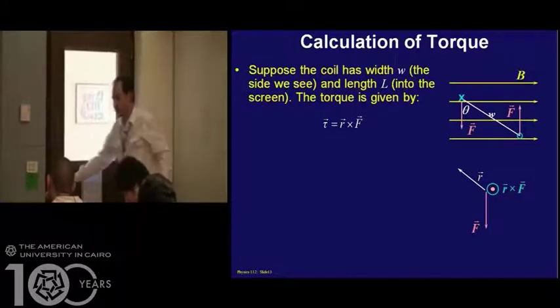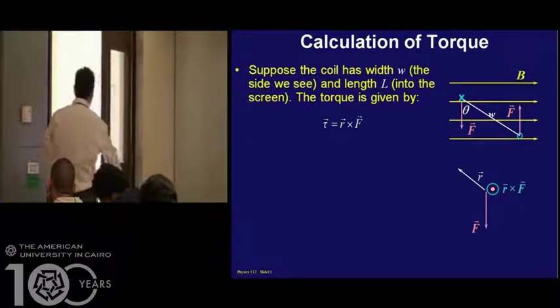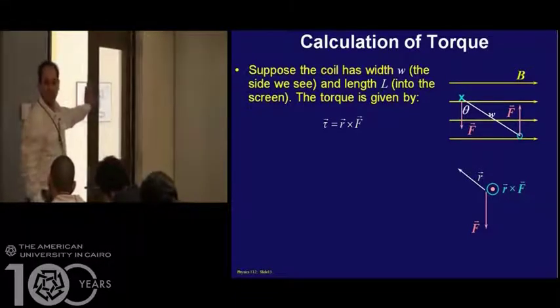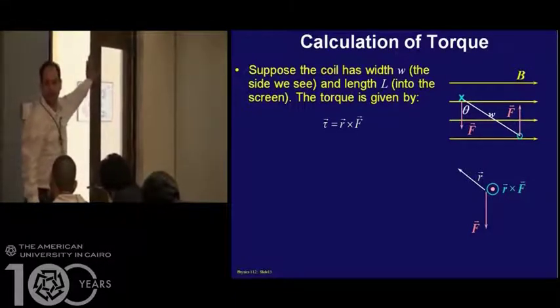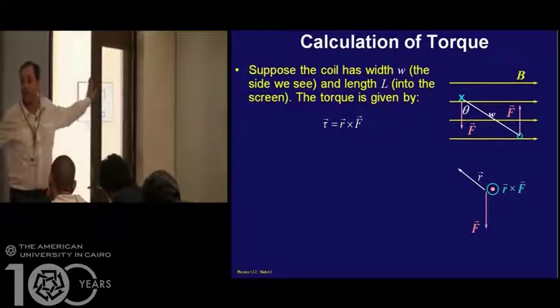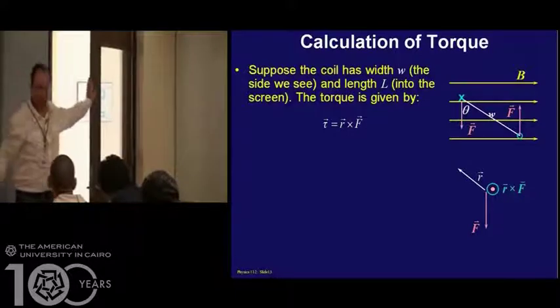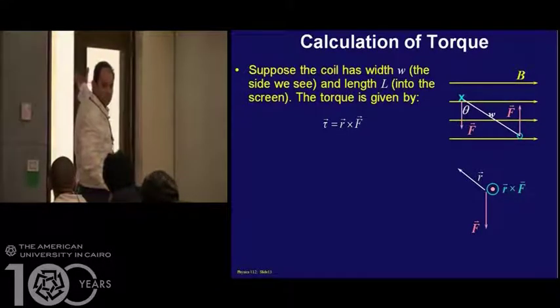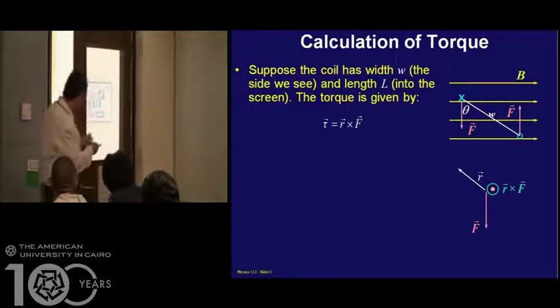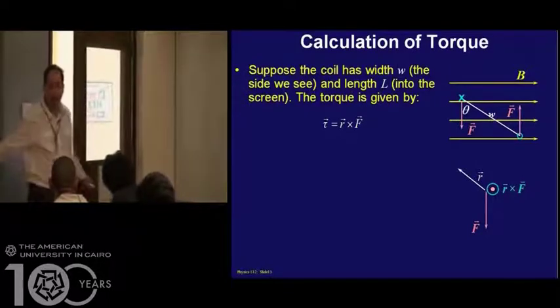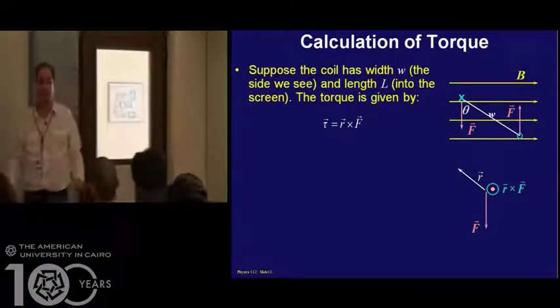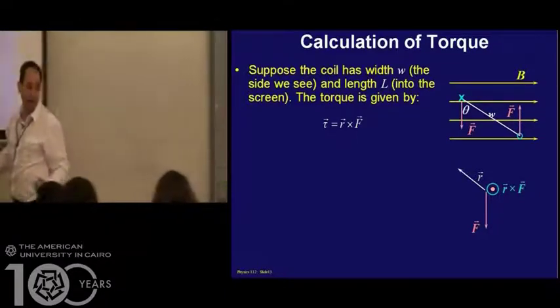I will push with a force along that line. Will the door rotate? It will never rotate, because now the cross product of R and F gives you 0. But if I do this at a little bit of an angle and I push, then there is a component, and that component is the perpendicular one. So the cross product here tells you that R and F have to be perpendicular in order to maximize your torque.